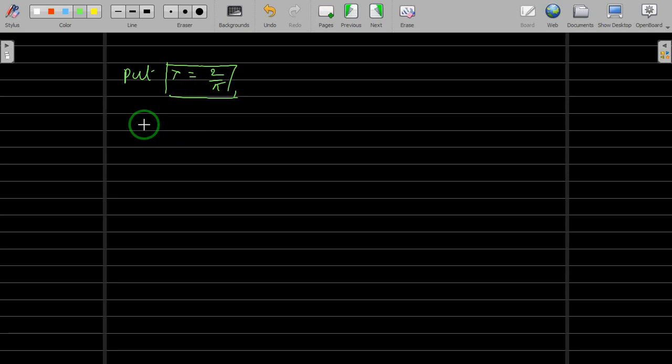So get the values of C1 and C2. Solve the system.